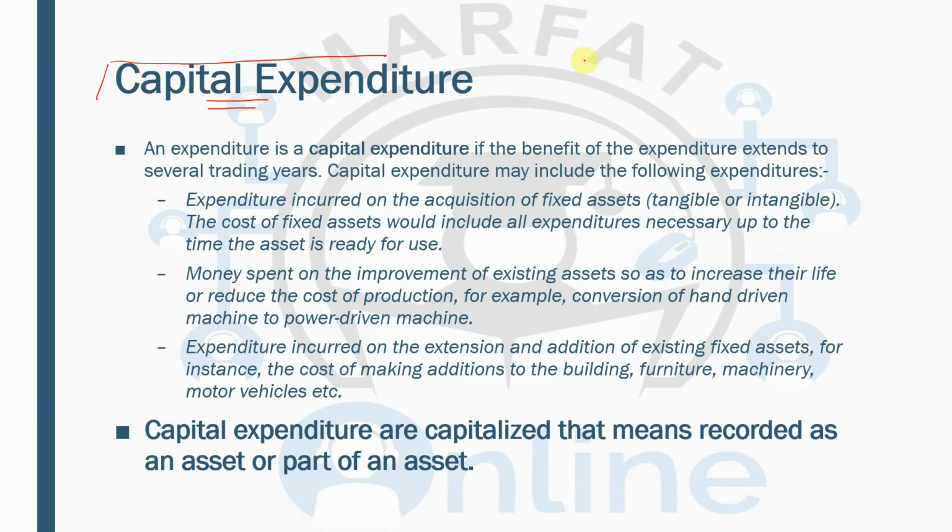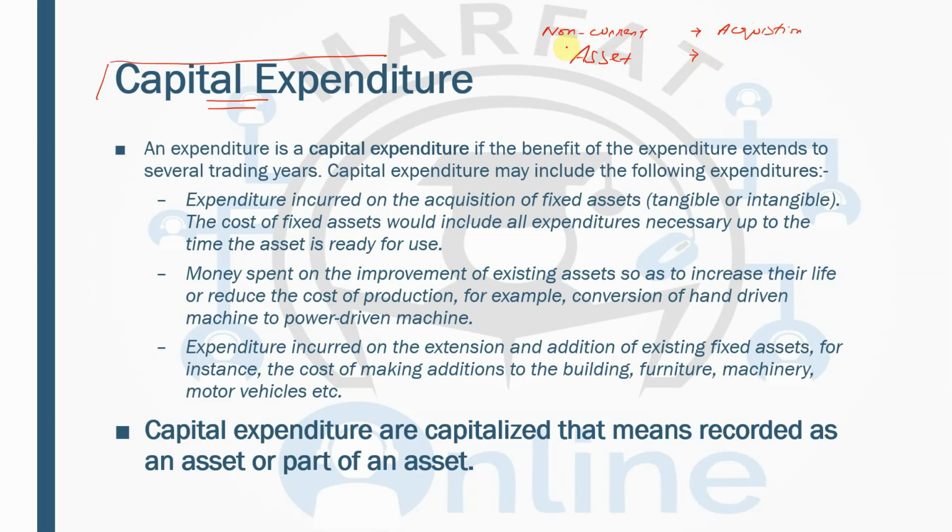Now, the general thing you should remember is that if you are doing any expenditure on a non-current asset which is related to the acquisition, for example, buying computers or laptops for business use, or a building.